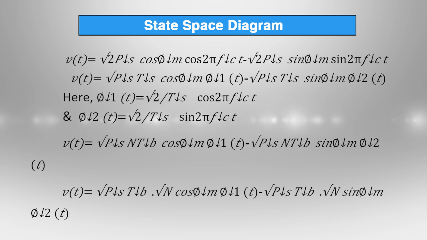or V of t will be equal to under root Ps into n times of Tb, where Ts can be replaced by n times of Tb, cos phi m into phi 1 t minus under root Ps into n times of Tb into sin phi m into phi 2 t, or V of t can be also represented as under root Ps into Tb into under root n cos phi m into phi 1 t minus under root Ps into Tb into under root n sin phi m into phi 2 t.